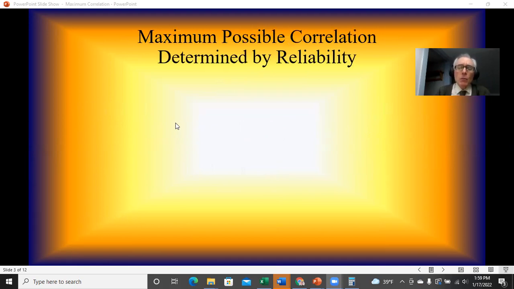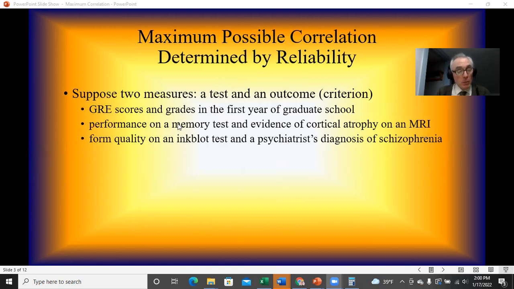So what this implies is that the maximum correlation that could possibly be obtained between a test and any other variable is constrained or determined by the reliability of the test and of the criterion that we are correlating the test with or attempting to predict by means of the test.